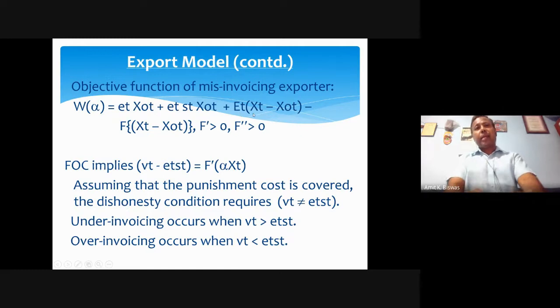But this is your 200. XT, what Tanushree actually makes, is $1,000 of export, and she reports $800 of export. So she has $200 extra. She goes to near the Great Eastern Hotel and sells it at some extra rate, which is capital ET, bigger than small et.